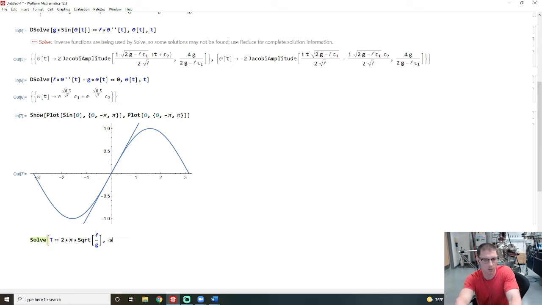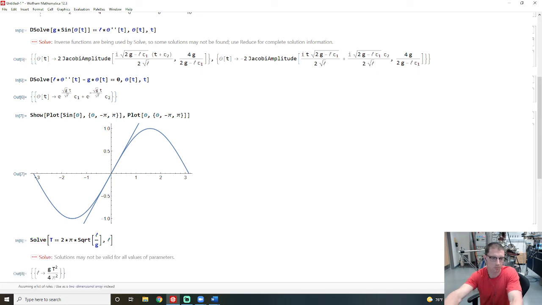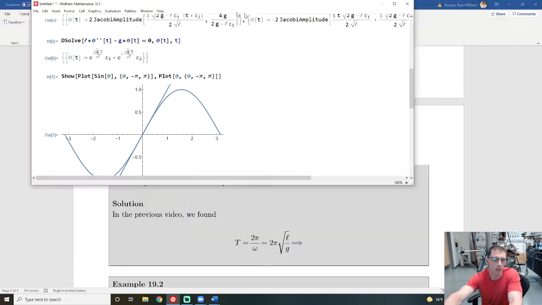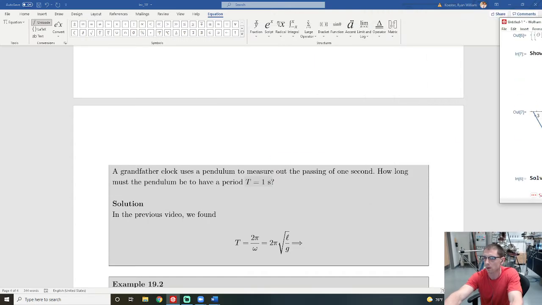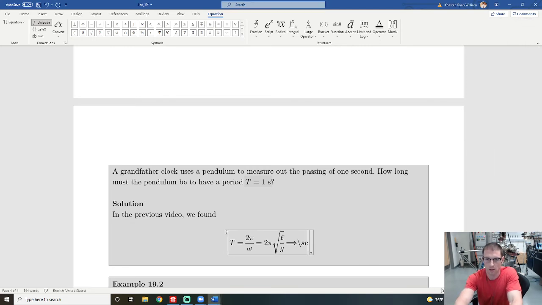And we want to solve this for L. So we find that L must equal g t squared over 4 pi squared.